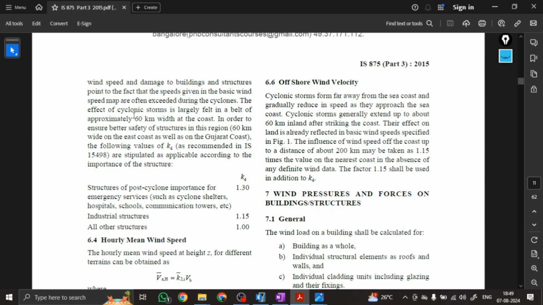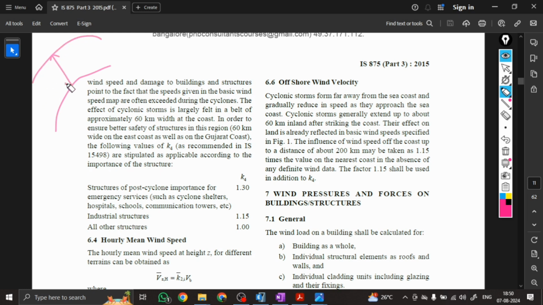Okay, the effect of cyclonic storms is largely felt in a belt of approximately 60 km width at the coast. Means this is our coast, then up to 60 km belt, it will affect the cyclonic storms. In order to ensure better safety of structure in this region, 60 km wide on the east coast as well as on the Gujarat coast, the following values of K4 as recommended in IS 15498 are stipulated as applicable according to the importance of the structure.